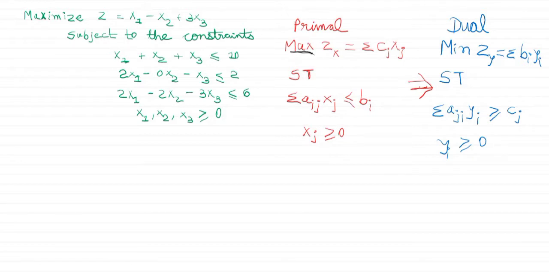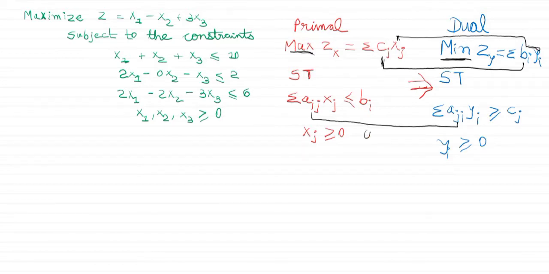So it is changing from maximize to minimize. Then instead of Cj, here we'll write Bi, and x will be changed to y. And as you can see here, Aij and Aji, that is Aij is equal to Aji.